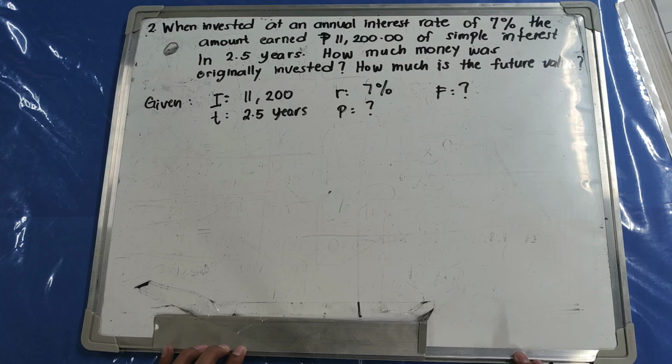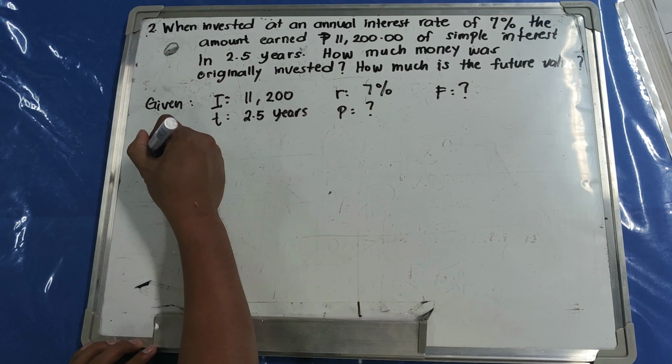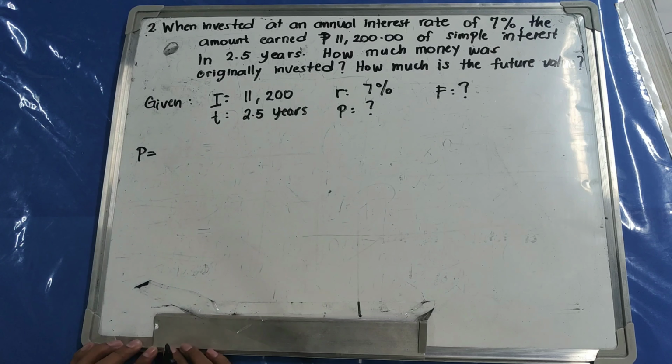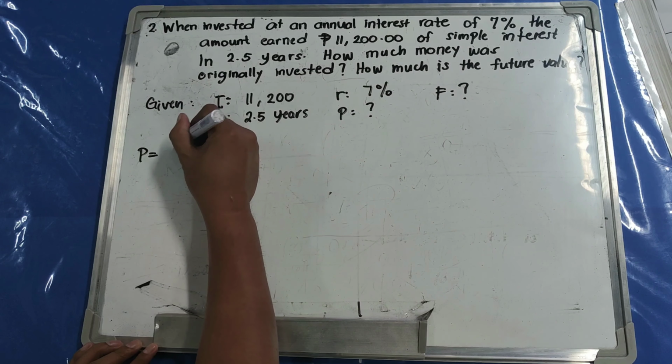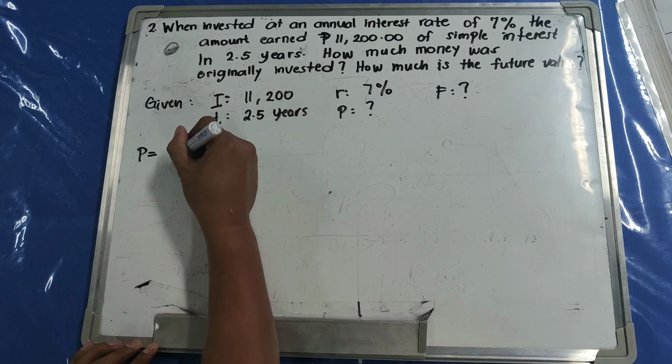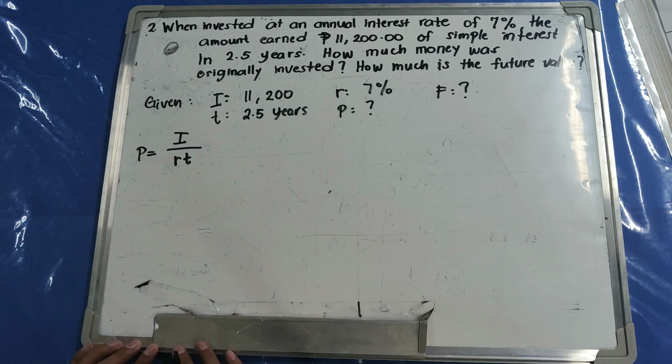So let's start. What variation of formula are we going to use? We are going to use the formula for principal. What's the formula of principal again? Let's repeat. Principal is equal to I or interest over rate times time. This is the formula in finding the principal. So, the next step you need to do, simply substitute the given to the equation.